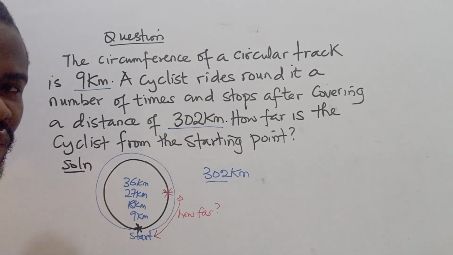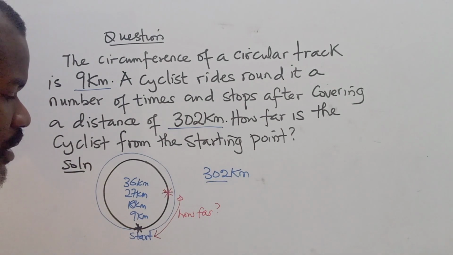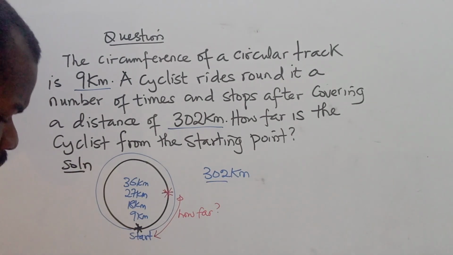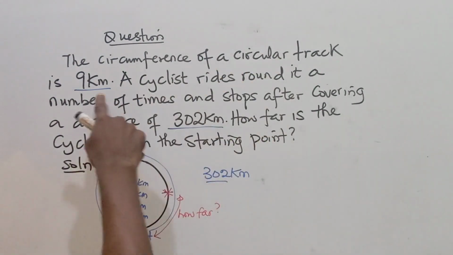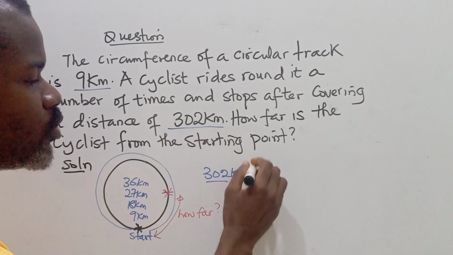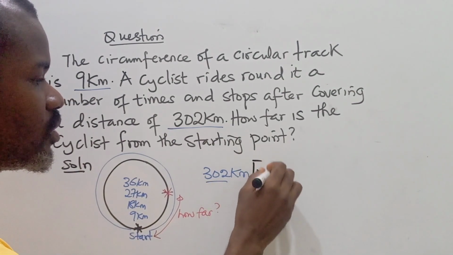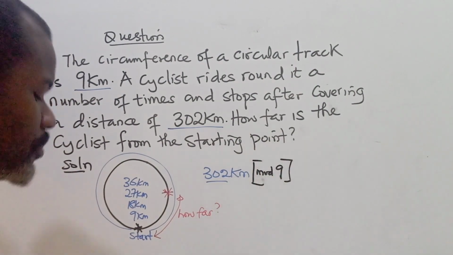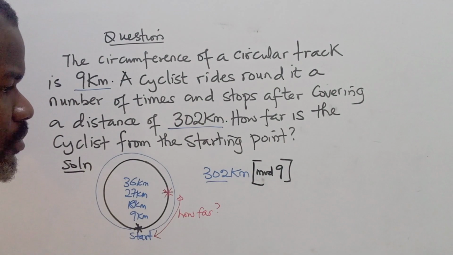To simply solve this, we are simply going to use modular. Since we have the circumference of the circular track to be 9 kilometers, we are simply going to set this in modulo 9.